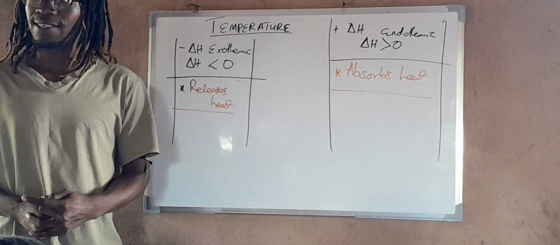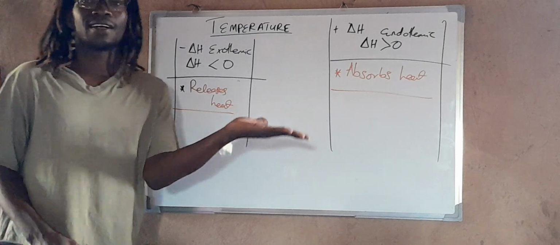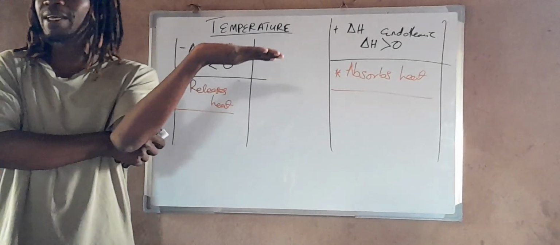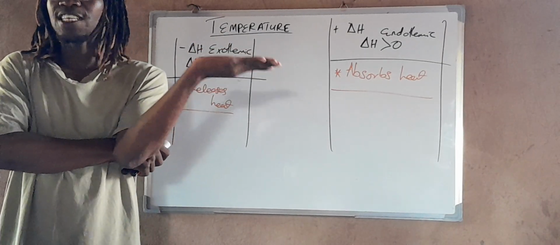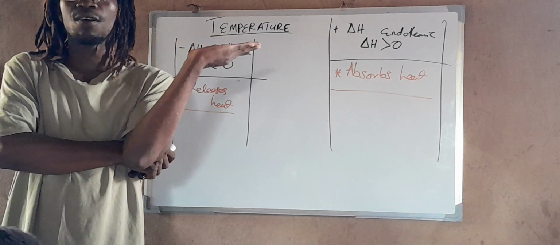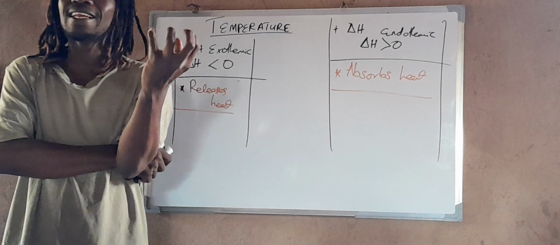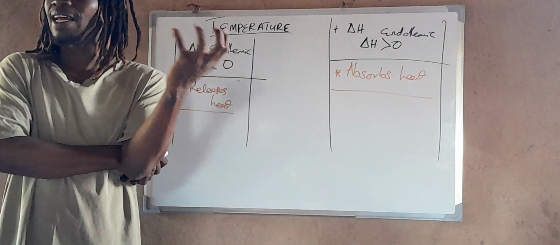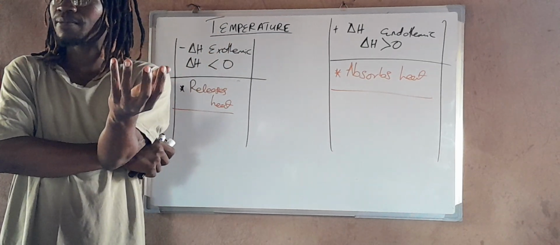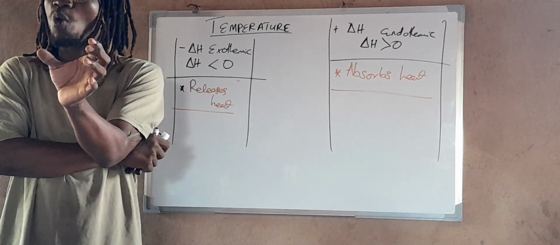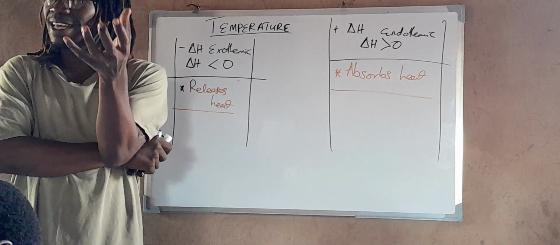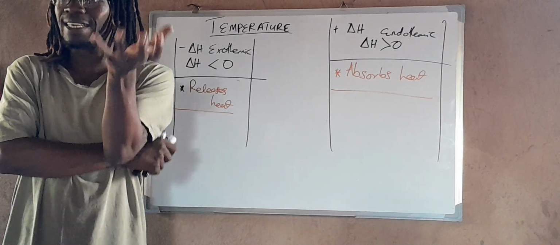So if we are reacting an exothermic reaction, then at the end of the reaction, the container that the reaction is happening in will be warm, right? The container will be warm, meaning that it released energy, it released heat.